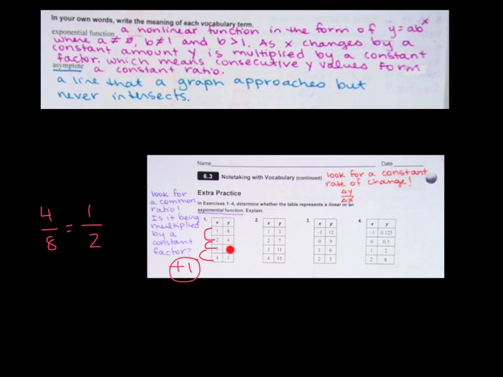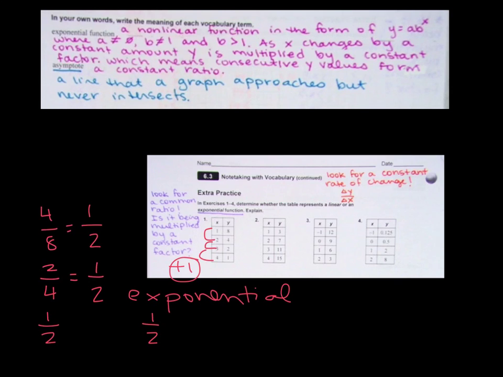Then if you take 2 and you put it over 4, so 2 over 4 is also a half. And then the last one, 1 over 2, is actually a half. So that tells me that that first one has to be exponential. It's exponential because the common ratio there is a half, and that's what it's being multiplied by.